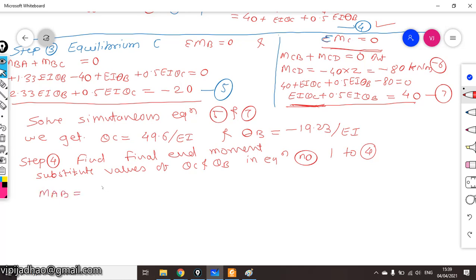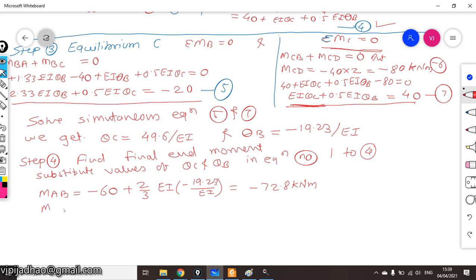We have equation as minus 60 plus 2 by 3 EI theta at B. So substitute the value of EI theta B here, minus 19.23 divided by EI. So this value will be equal to minus 72.8 kilonewton meter.